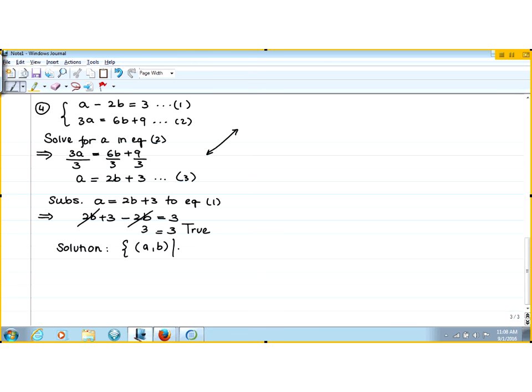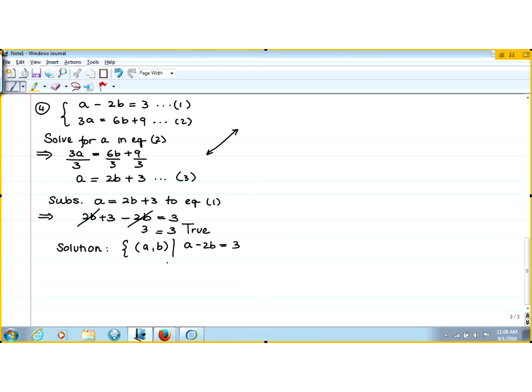So basically what I'm saying is my solutions are all the ordered pairs on this line or on this line, right? I have two different lines. So this is how I write it mathematically. It's all the ordered pairs (a, b) such that a minus 2b is equal to 3.